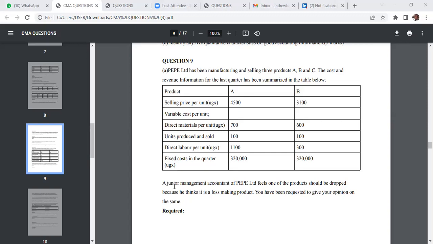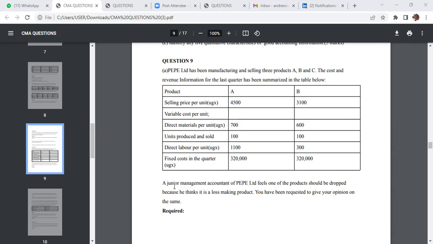For A it is 4,500 and for B it is 3,100. Then you have variable cost. I shall use the marginal approach where you have contribution and then deduct fixed cost.